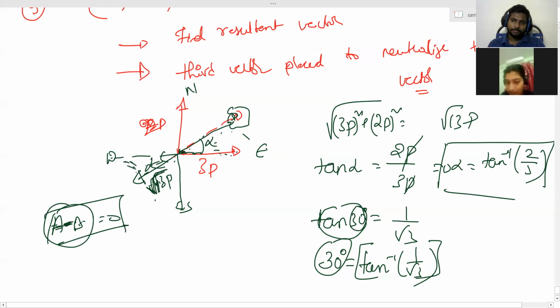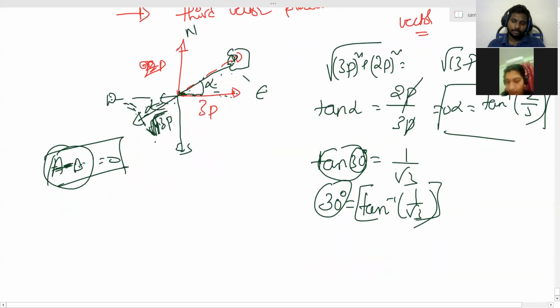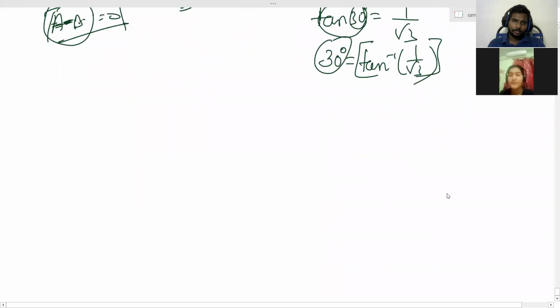So that's good. Another question. Find the magnitude of the resultant vector and draw the resultant vector. This is 8 newtons in this direction. This is 6 newtons in this direction. What is the resultant vector magnitude?